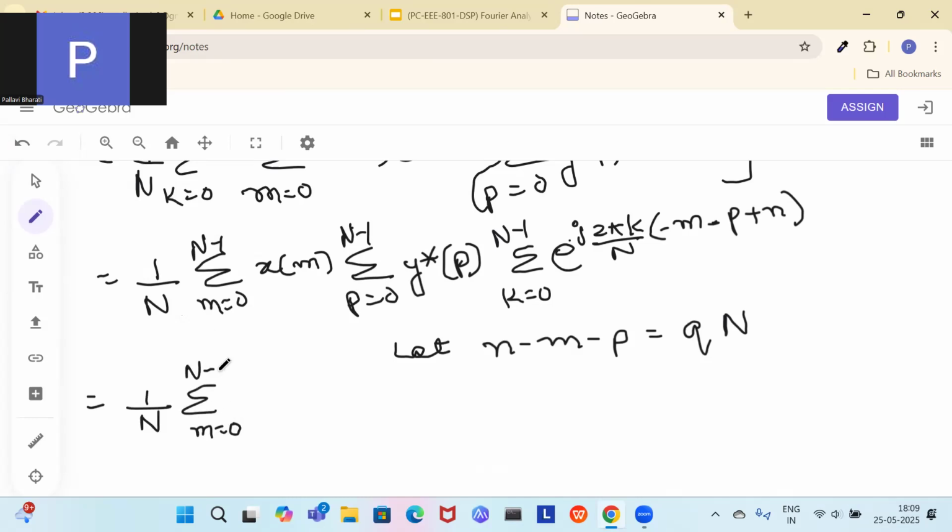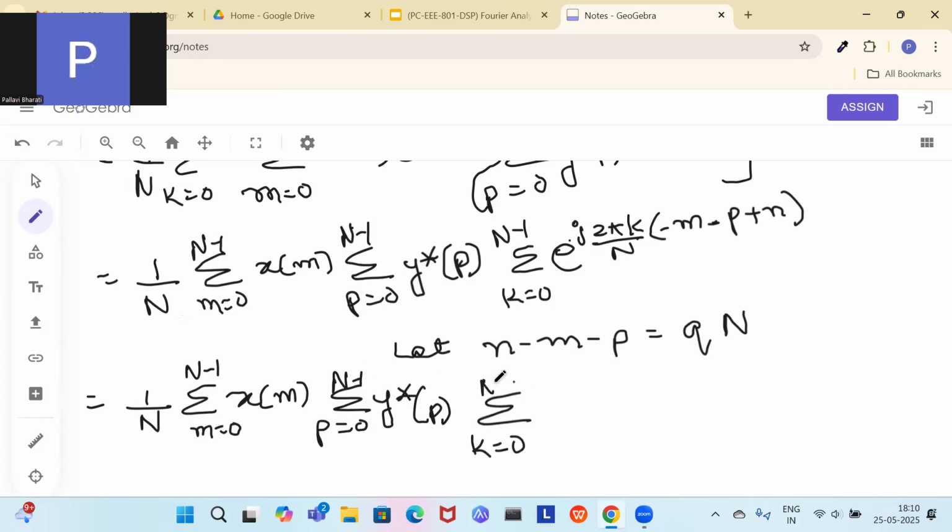Sum over p equals 0 to N minus 1, y star of p. And this side is becoming sum over k equals 0 to capital N minus 1, e to the power j 2 pi k by N into qN.